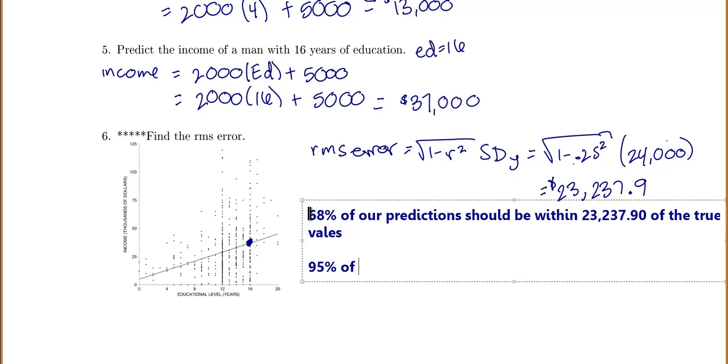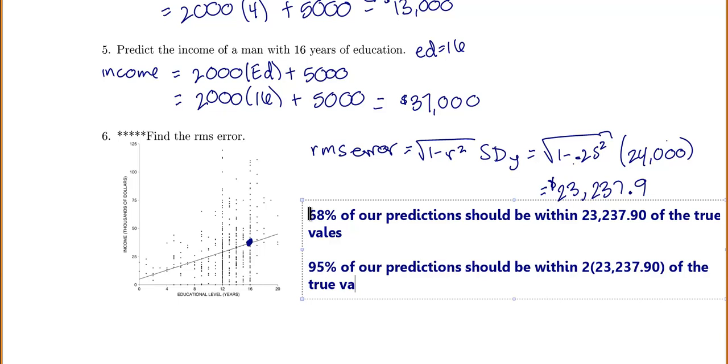And 95% of our predictions should be within 2 times $23,237.90 of the true values. So that means we're really not that close. Our results really aren't that accurate.